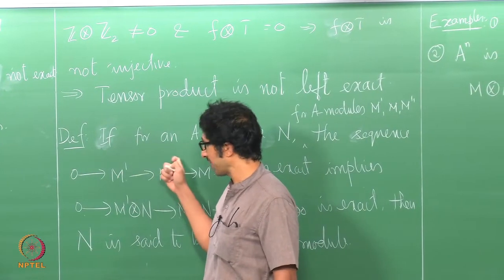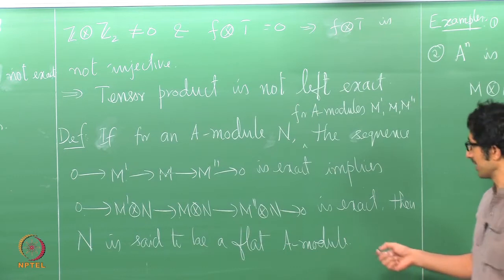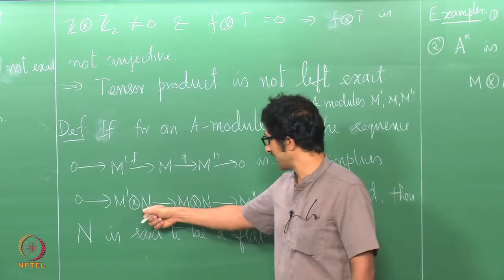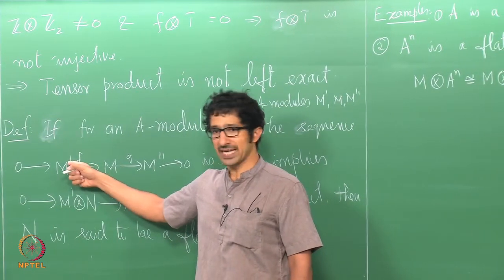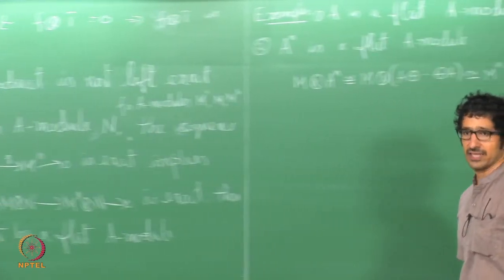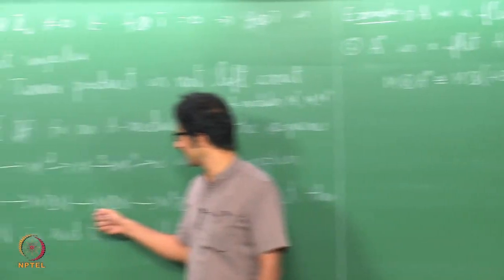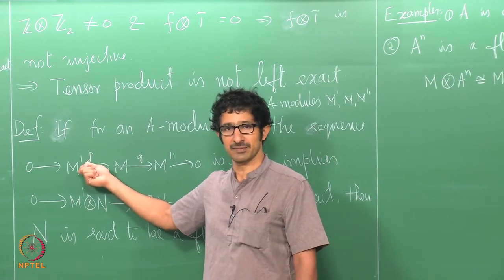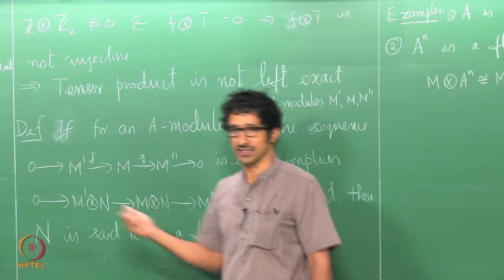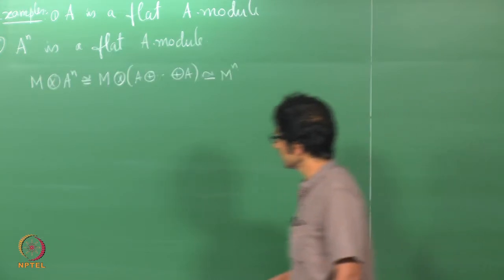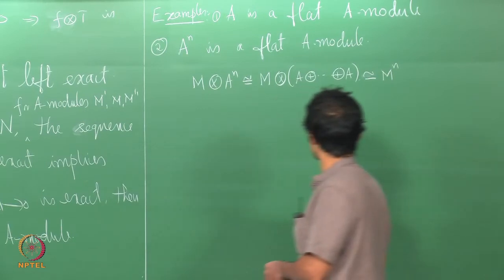If this is f and this is g, and N is A power n, this would be simply n copies of f and here simply n copies of g. Therefore, if an element is 0 here, f of that particular element will be 0 and we will have corresponding elements being 0, because f is injective. Okay. So, this is a flat A module.